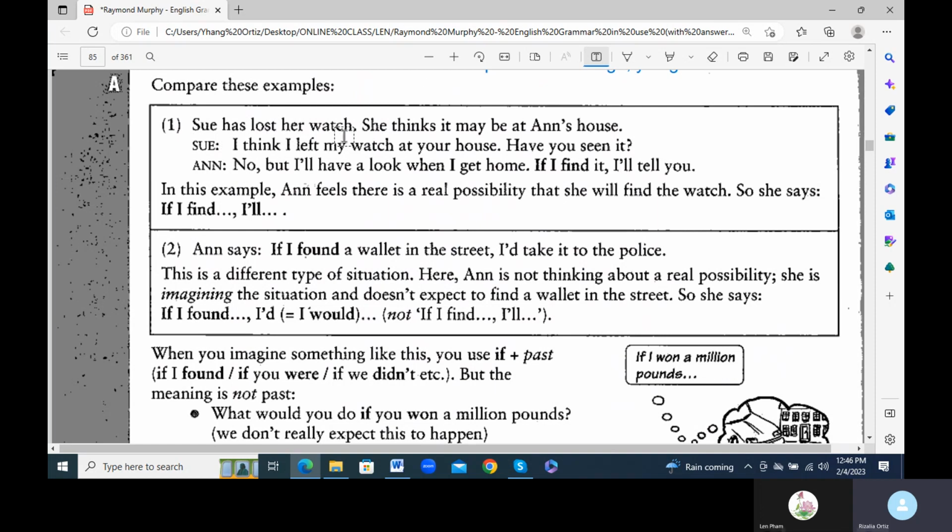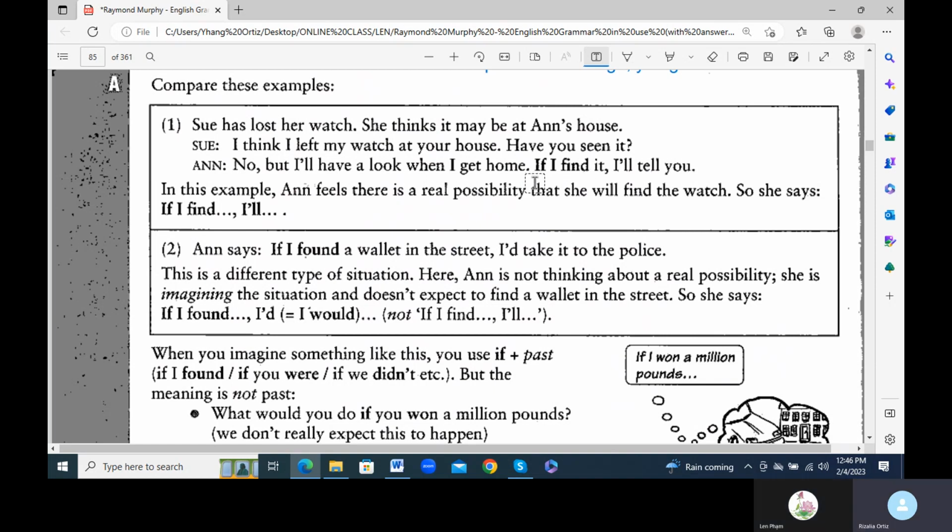Sue has lost her watch. She thinks it may be at Anne's house. "I think I left my watch at your house. Have you seen it?" "I will have a look when I get home. If I find it, I will tell you."